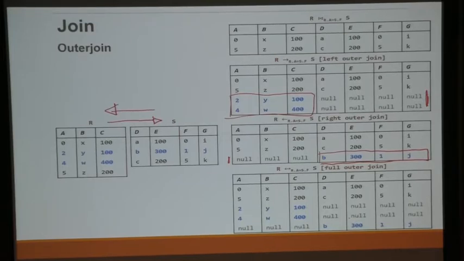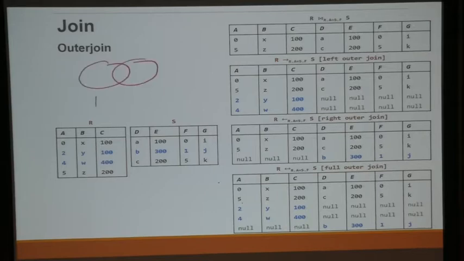You may have seen diagrams online that are doing something like this. So you have R and S. Left outer join is this. If you are not sure what that means, let me tell you.